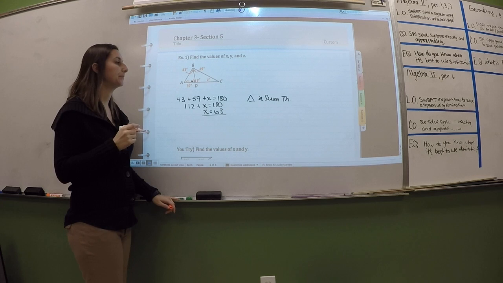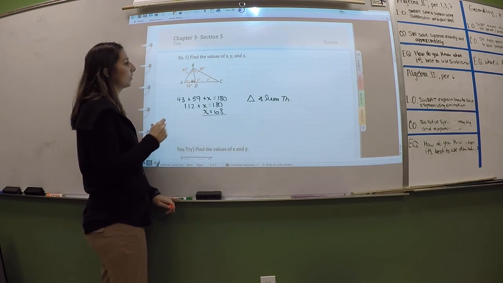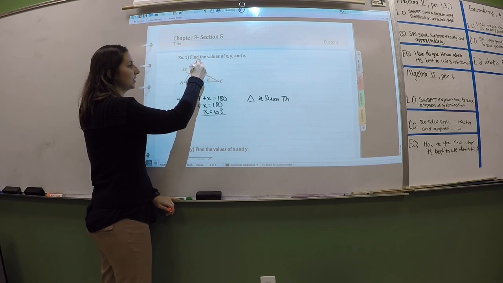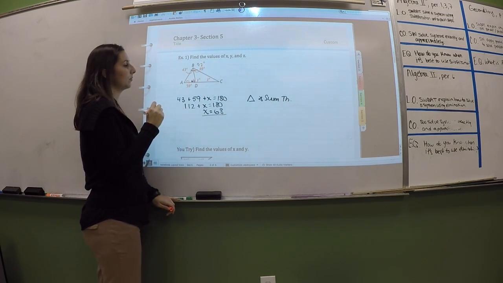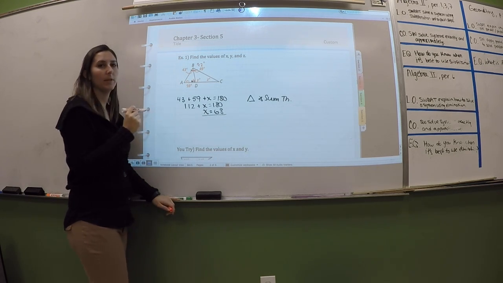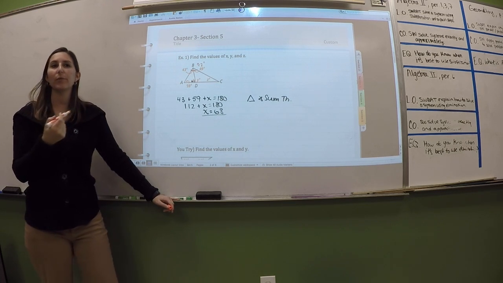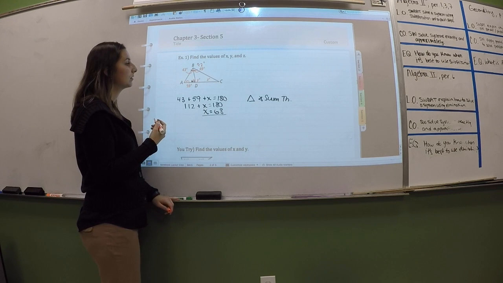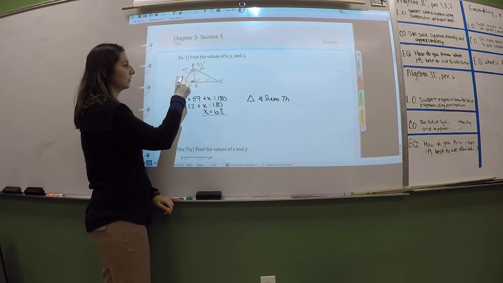What's your idea? You can do 49 plus 43. Okay, that's gonna tell me this one. So that's 92. Then you have 59 on the other corner.